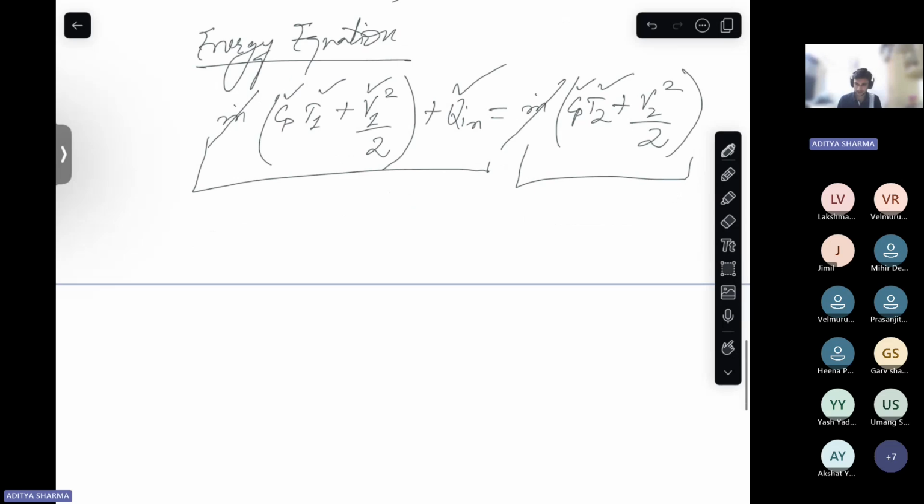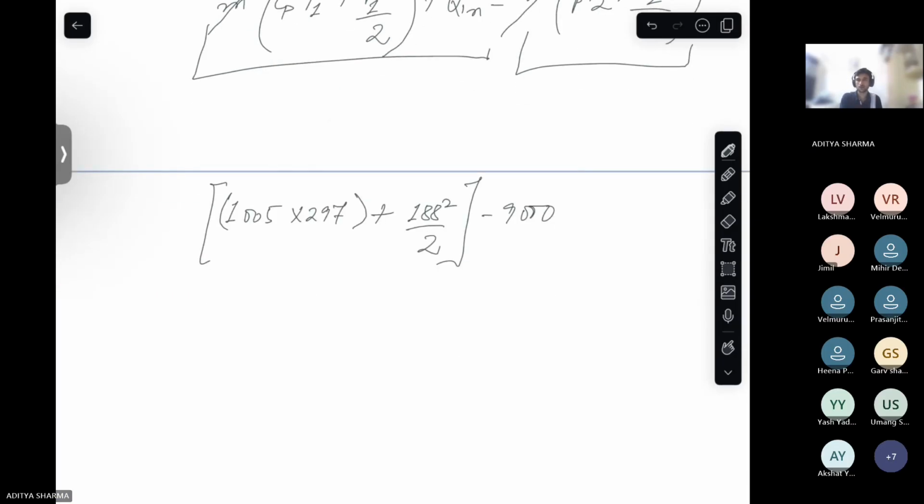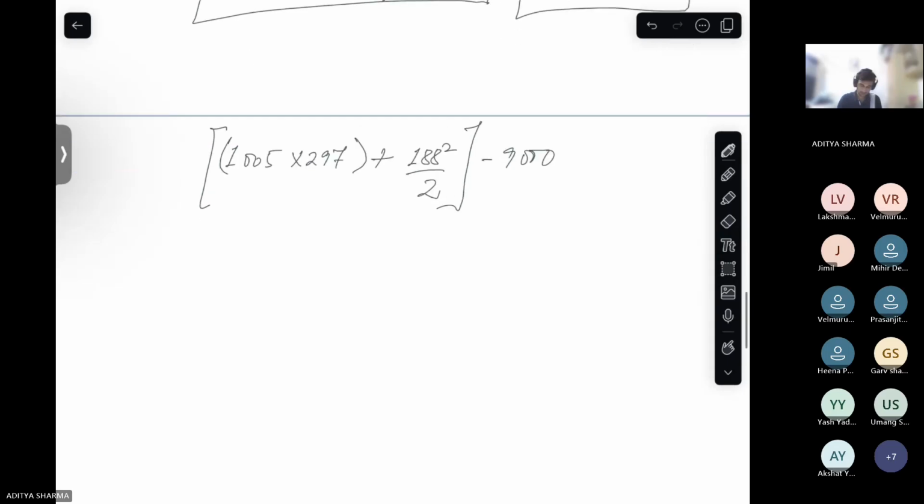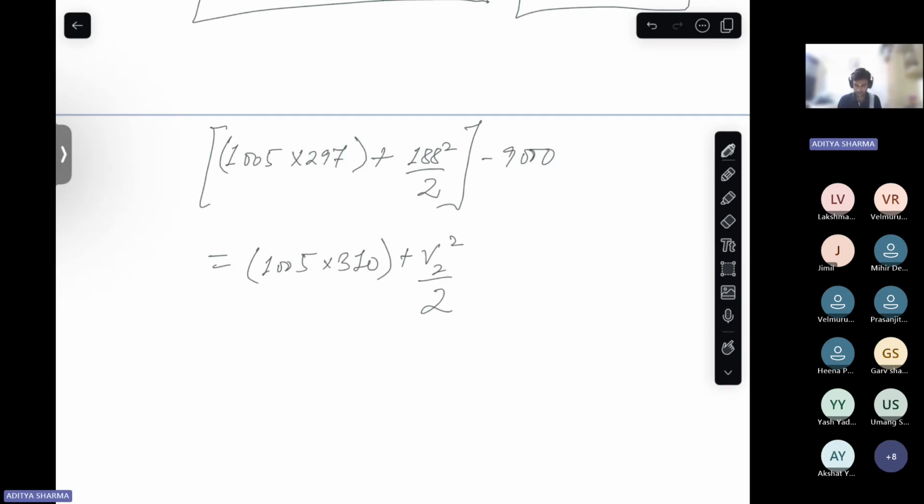So place this, minus 9,000 equals to, now you have to solve this.